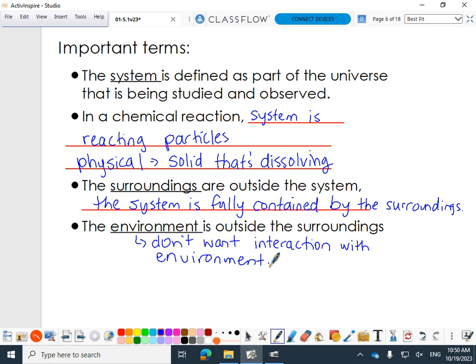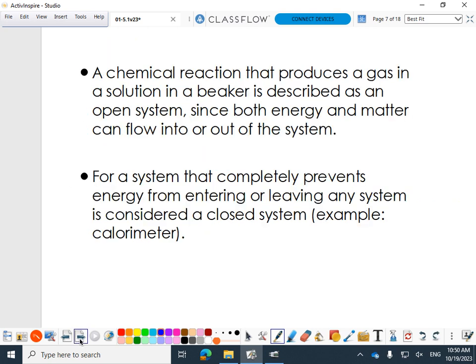Okay, so we are going to try to switch from doing open system reactions. That's mostly what we've been doing up until now, because we're not really measuring exactly how much energy is being absorbed or released by the system reacting. In this unit, we're going to do closed system experiments.